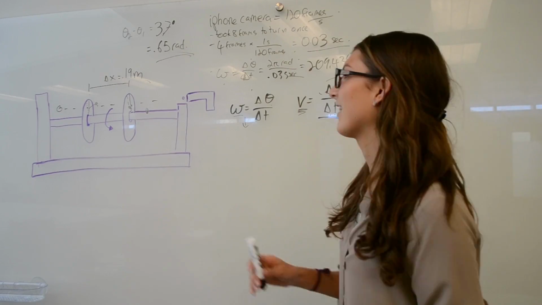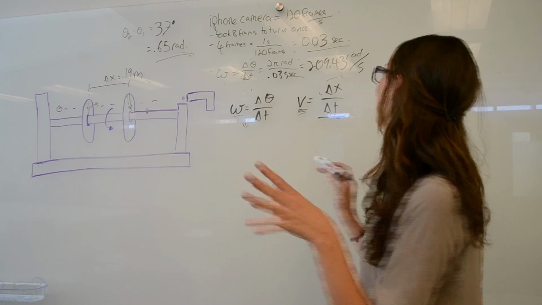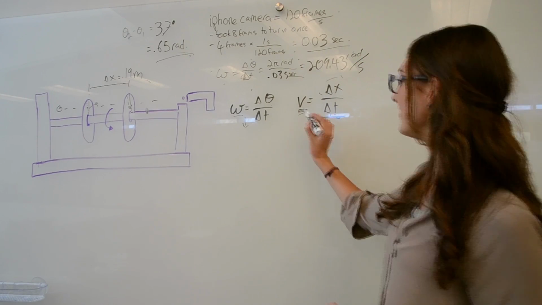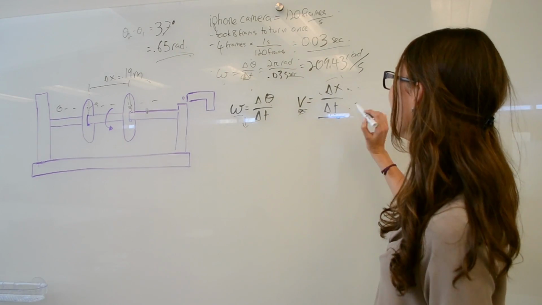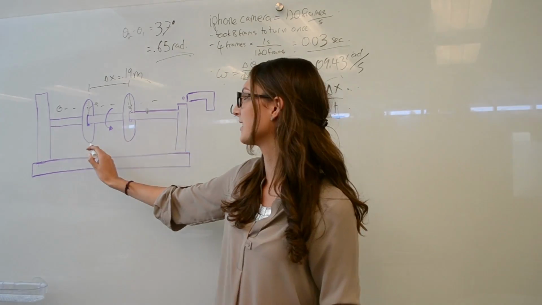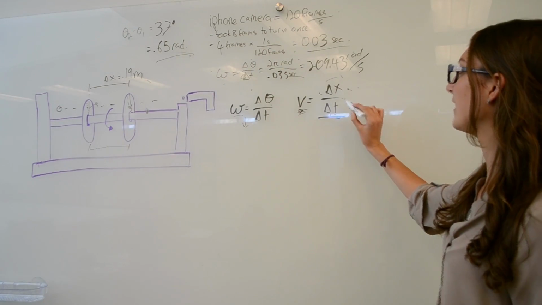So we are calculating the velocity of the bullet again using a different mechanism. We know that velocity is equal to delta x over delta t. We have delta x, we know the distance between these two disks, and we're trying to find delta t.